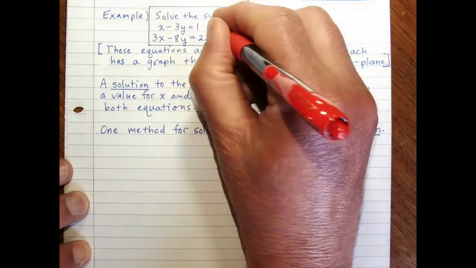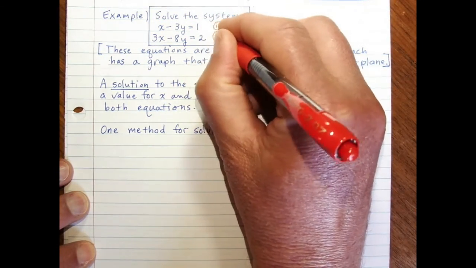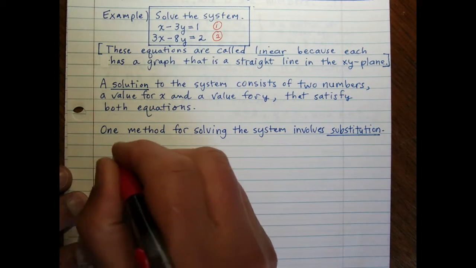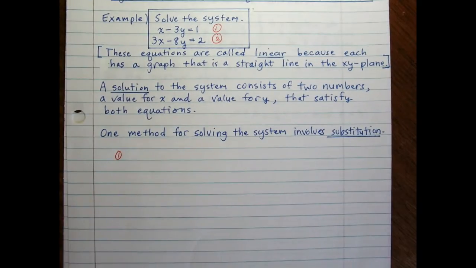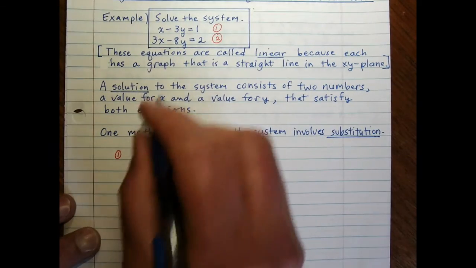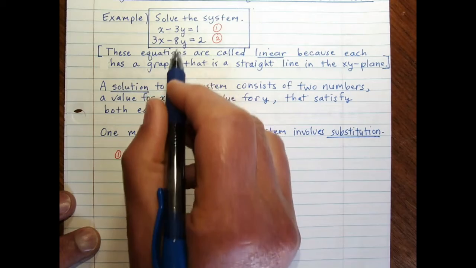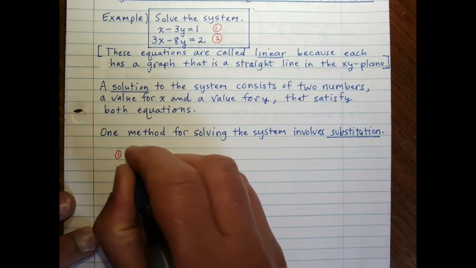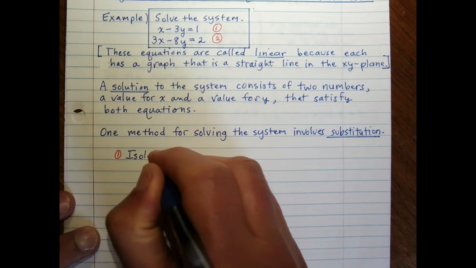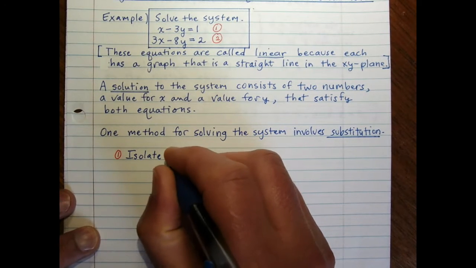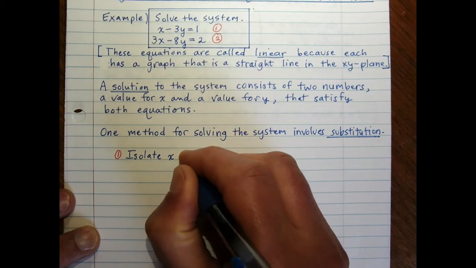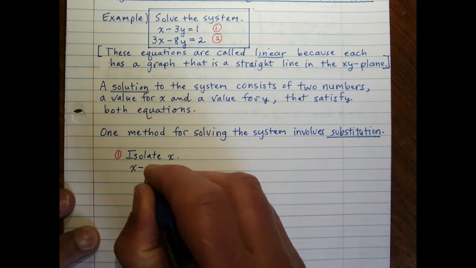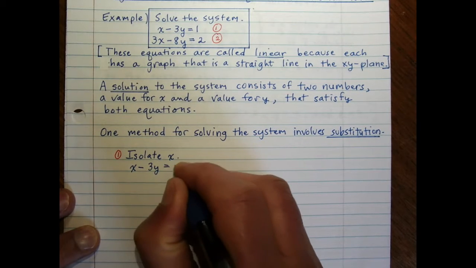I'm going to label these equations 1 and 2. Again, this should be something you're very familiar with. If I take equation 1, I could isolate a variable, and actually I could pick either equation. I'm going to pick equation 1 because it's pretty easy to isolate x in equation 1, that x minus 3y equals 1.